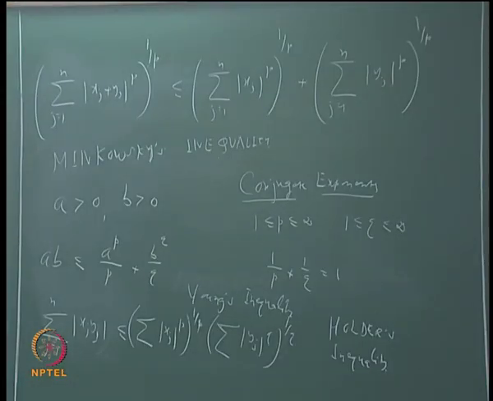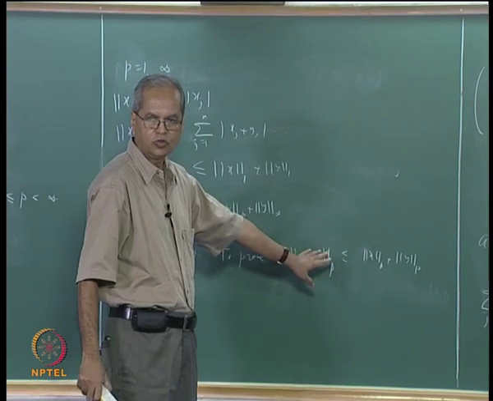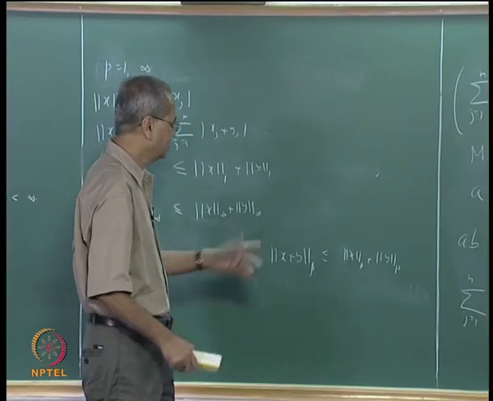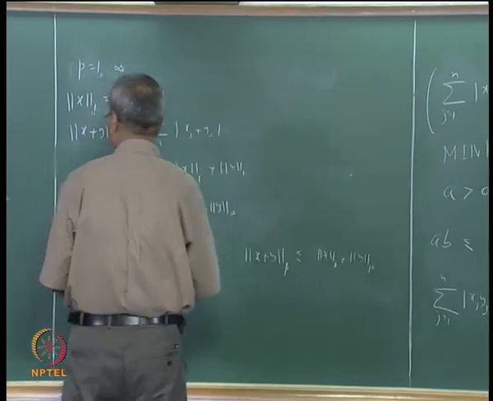If you remember that the norm with suffix p is defined like this, then Minkowski's inequality is nothing but: norm of x plus y is less than or equal to norm x plus norm y. One can give a similar way of remembering Holder's inequality.